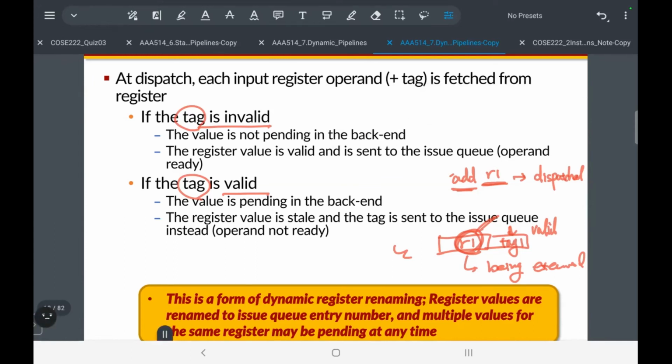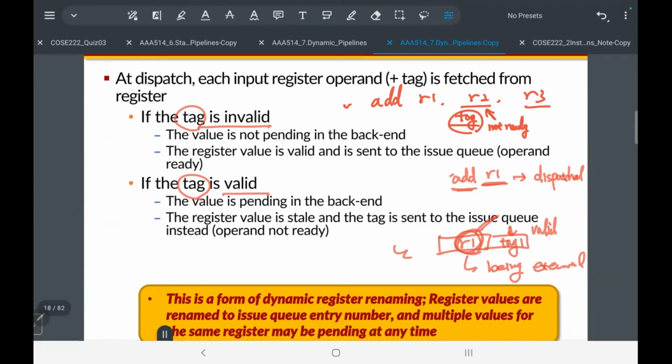So a dispatched instruction may have different statuses for R1, R2, R3. It may have a tag number, which means that this data is not ready. This data will be calculated by the processing engine, but it is not ready, so we cannot find any valid data from the register file.